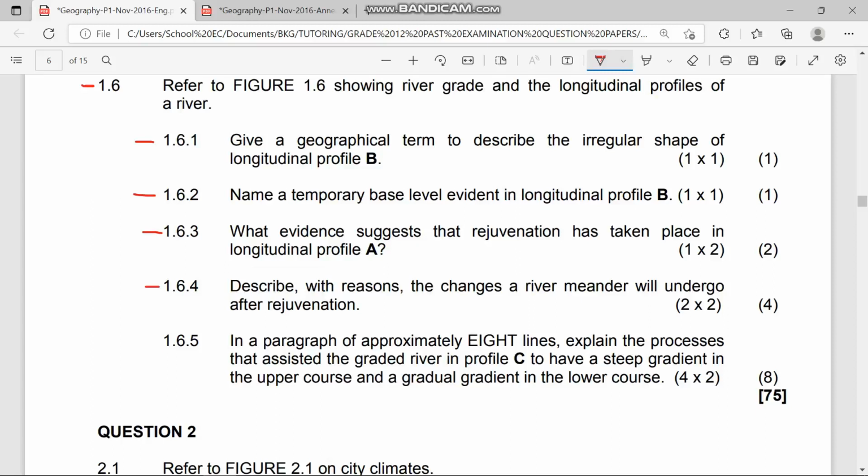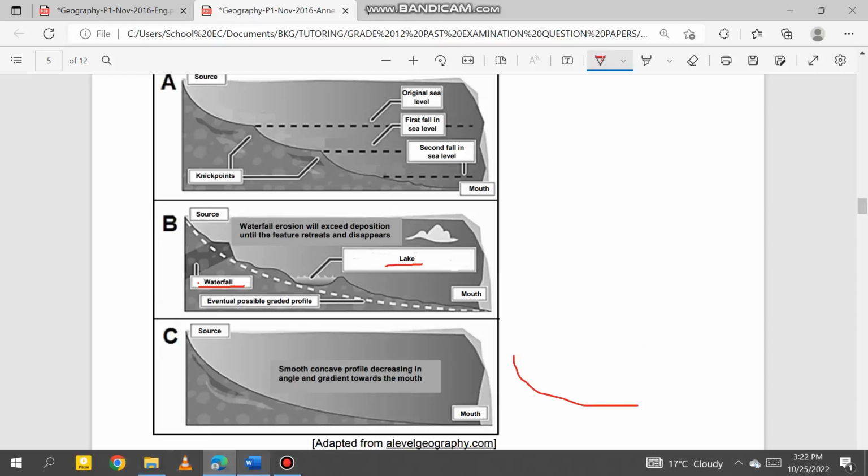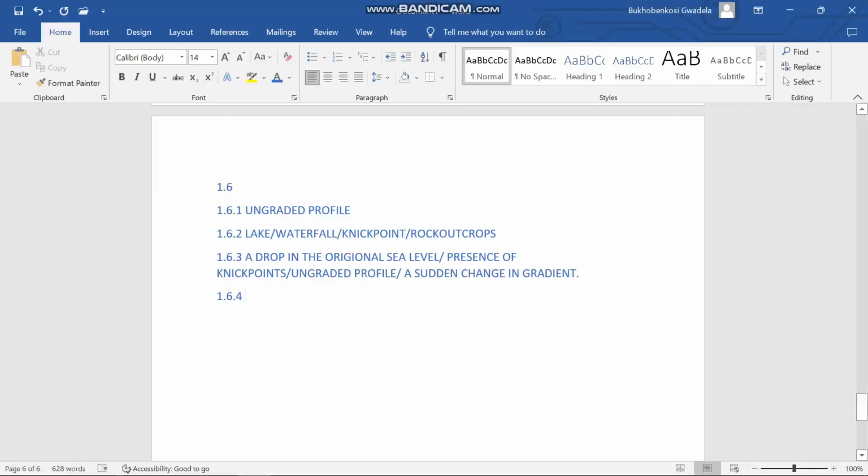The meander will also develop steeper sides. Then the oxbow lake will form, because those steeper sides are going to be eroded, forming an oxbow lake or a cut-off meander.